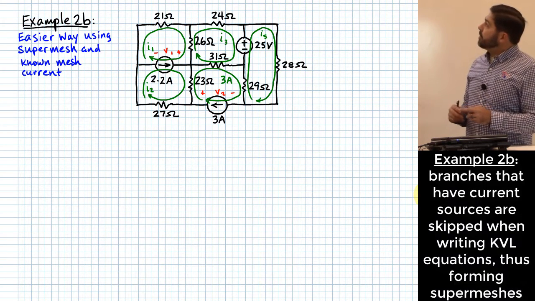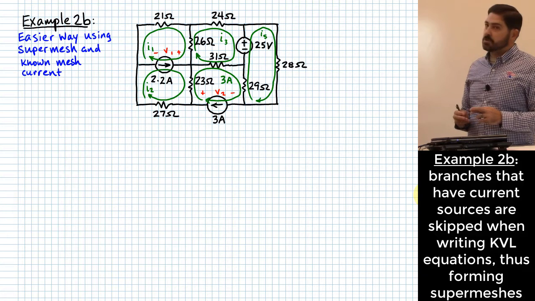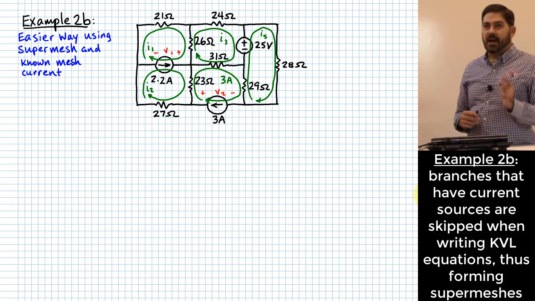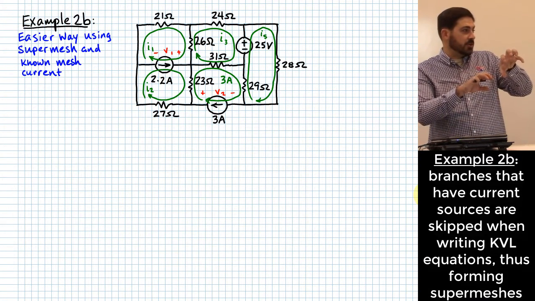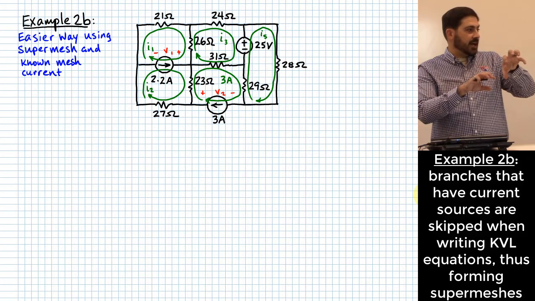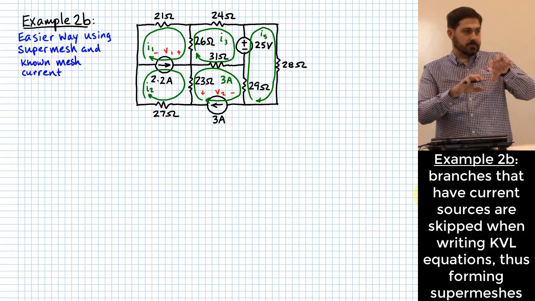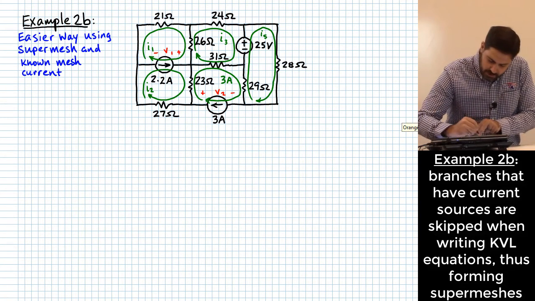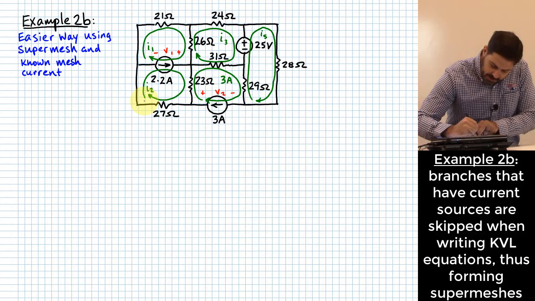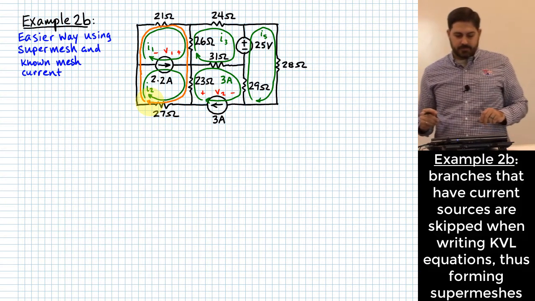But what we're going to do now is look at anywhere you have a current source and you decide, I am not going to do individual meshes across that current source. I'm going to pretend like I can skip right over that current source. Here's what that would look like in this left set of meshes over here, right? Instead of going around and cutting over through this current source, I'm going to make this mesh go all the way up here and all the way back down, right?